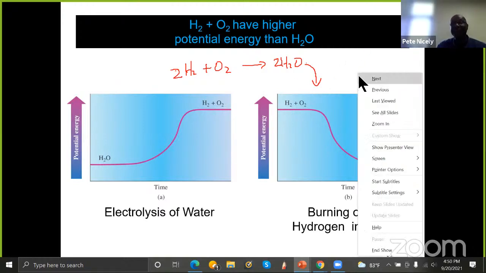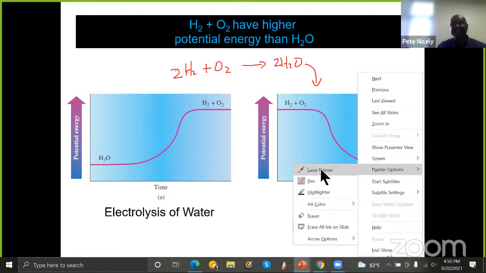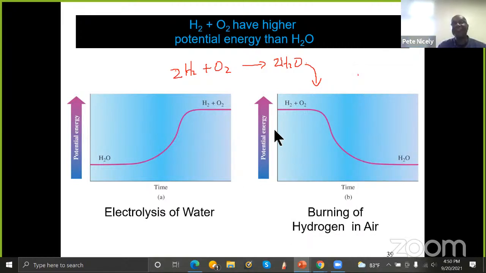Let me go back to my pointer. So what's happening here is that the y-axis here represents potential energy, and the x-axis represents time. So basically what you'll notice is that the hydrogen and oxygen will have a higher energy compared to the water, right?